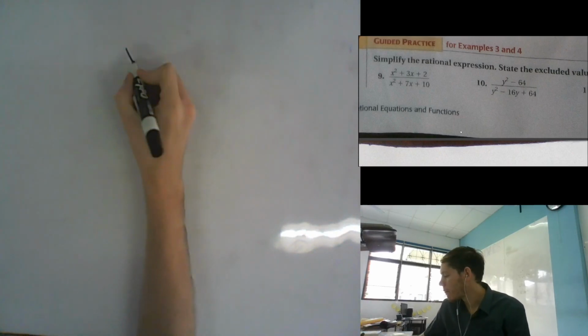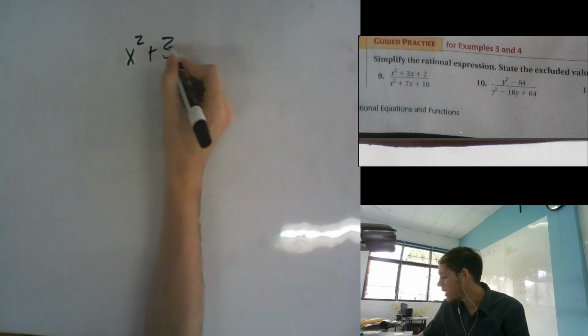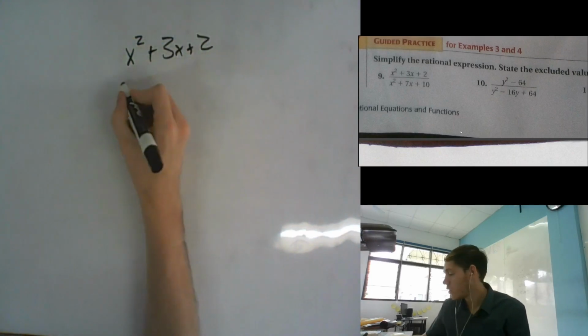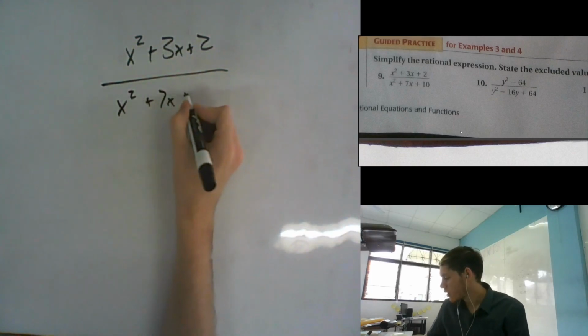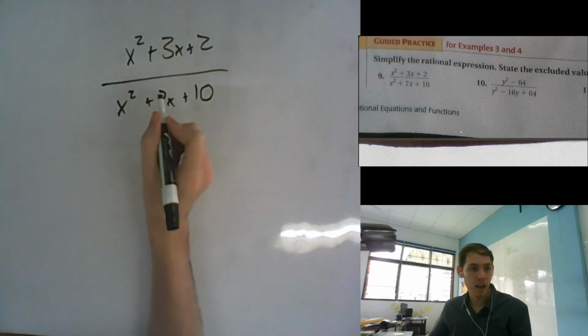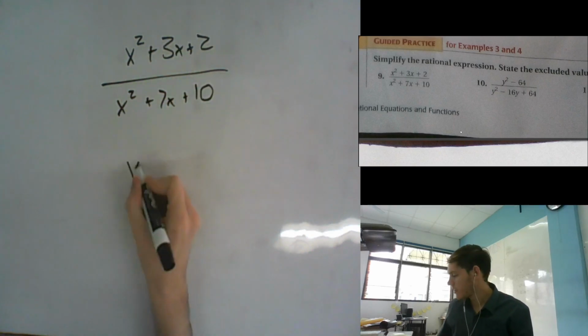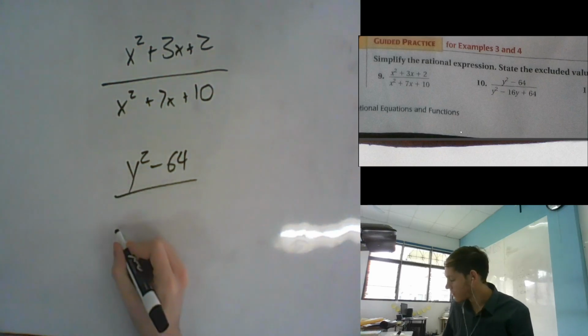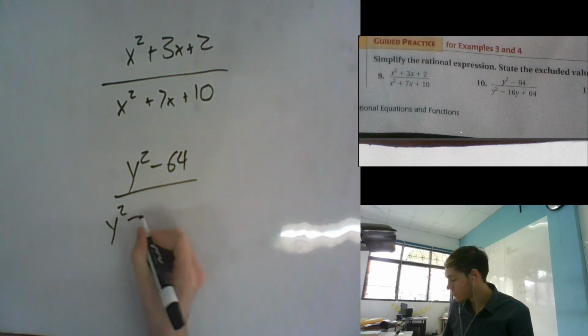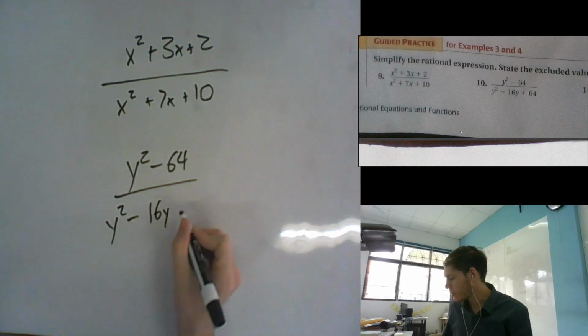Okay, x squared plus 3x plus 2 over x squared plus 7x plus 10. Okay, how about you try one of these two problems? Or you could try both of them. Be ambitious. Do both.